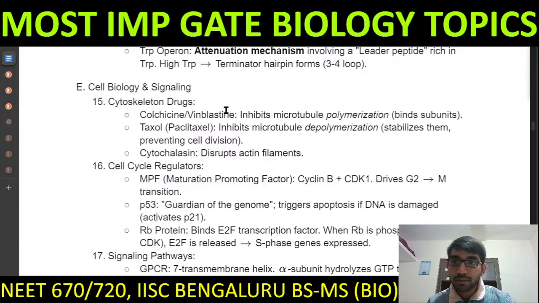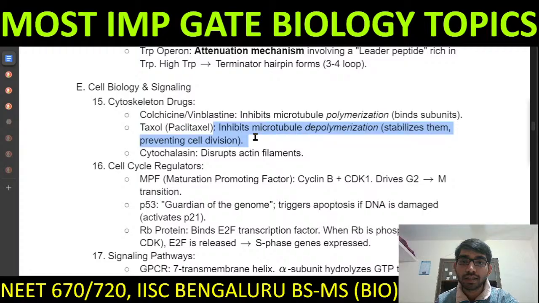Next, coming to cell biology and signaling. Here the cytoskeleton drugs, again some of the inhibitors and drugs you should remember. Colchicine and vinblastine inhibit the microtubule polymerization, and these can also be used to treat cancer, tumor. Then Taxol, or paclitaxel, again for treating tumor, inhibits microtubule depolymerization, so it stabilizes them, preventing cell division.